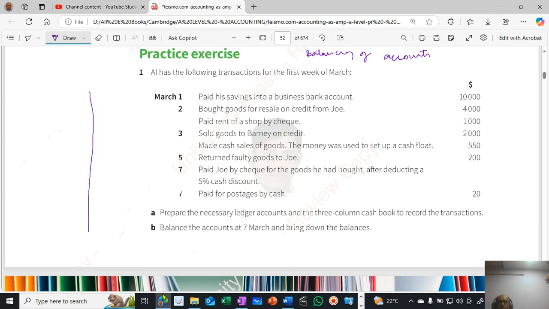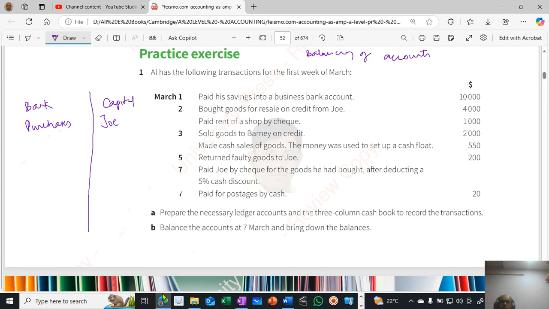Paid his savings into business bank account, 10,000. So money is coming into the bank account, and capital. Bought goods for resale on credit from Joe. So purchases and Joe.